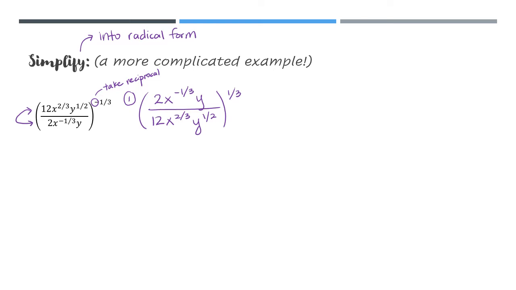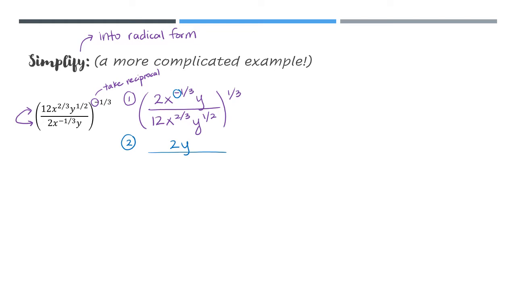What I'm going to do is deal with my remaining negative exponent. Notice in this numerator, I still have a negative 1/3 on my x. By dealing with that, I mean I'm going to move it to the denominator and make the exponent positive. So for my second step, what's left in the numerator is still a 2y.